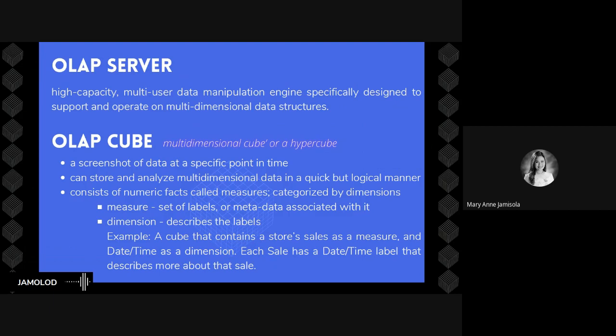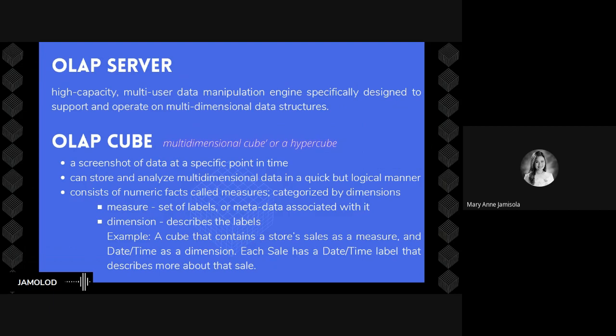This is a snapshot of data at a specific point in time. It can store and analyze multi-dimensional data in a quick but logical manner. It consists of numeric facts called measures, categorized by dimensions. So a measure has a set of labels or metadata associated with it. The dimension describes the labels.